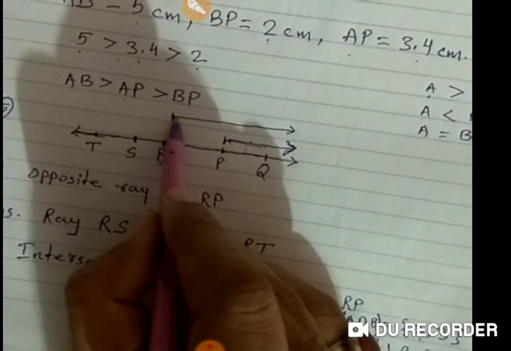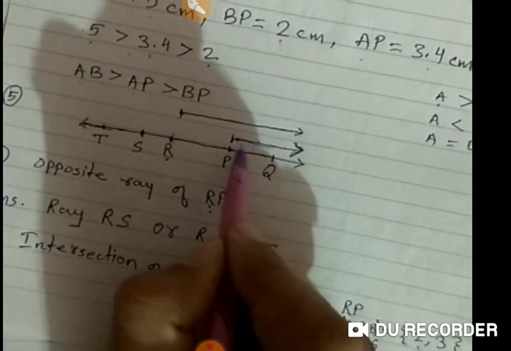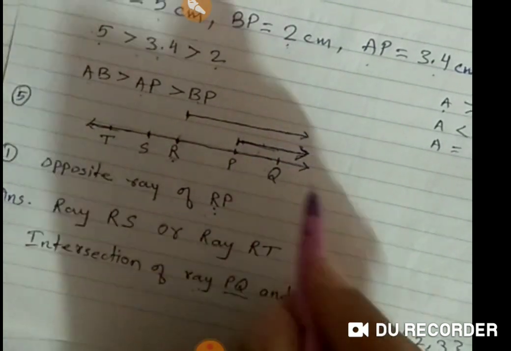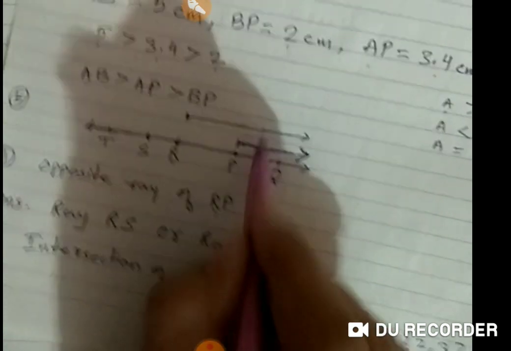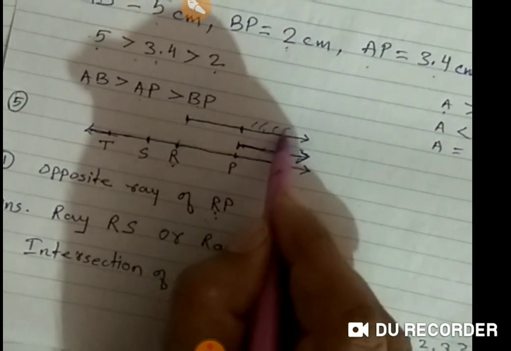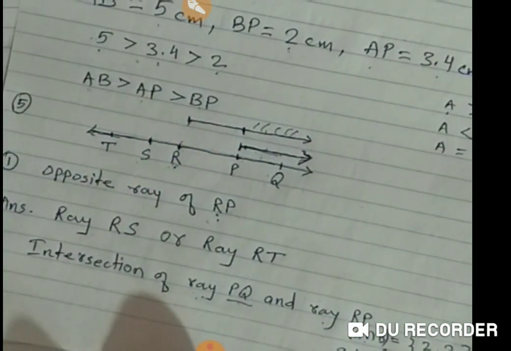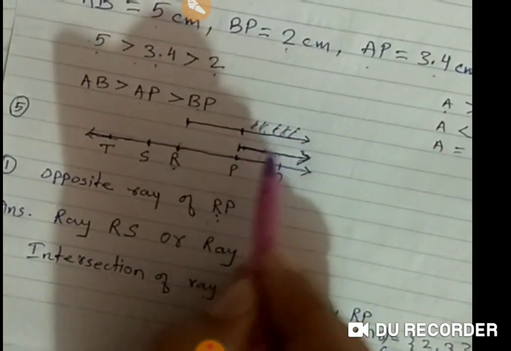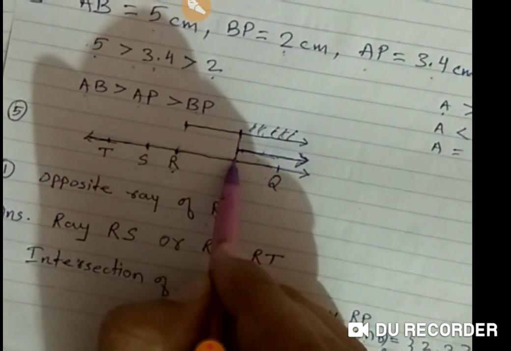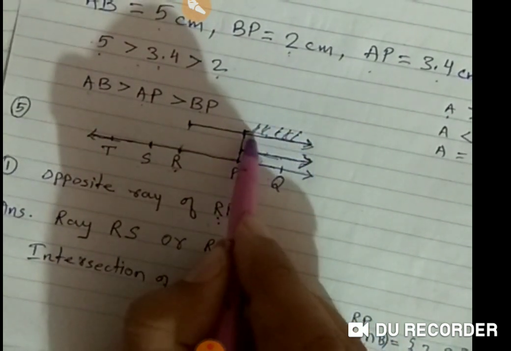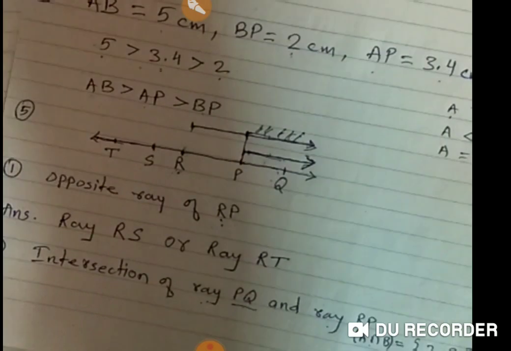Look at this. This ray starts from here. This ray starts from here. Which portion is common? In these two rays, this portion is common. This is the common portion, right? So what does this common portion consist of? It is P and goes in this direction. So can I say this common portion is PQ itself?